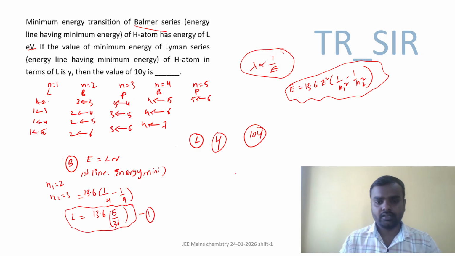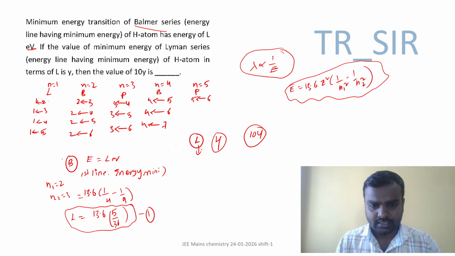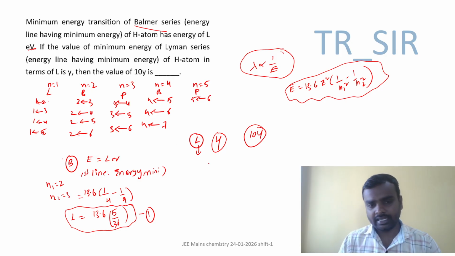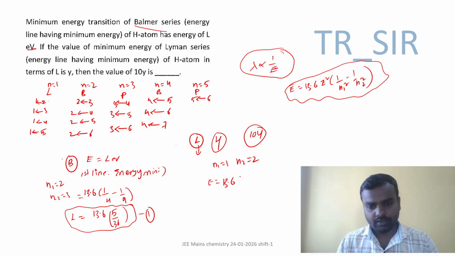Now come to the Lyman series. In the case of Lyman series, minimum means N1 equals 1 and N2 equals 2. So energy is 13.6 Z square, again 1 by 1 minus 1 by 4, so 13.6 times 3 by 4.